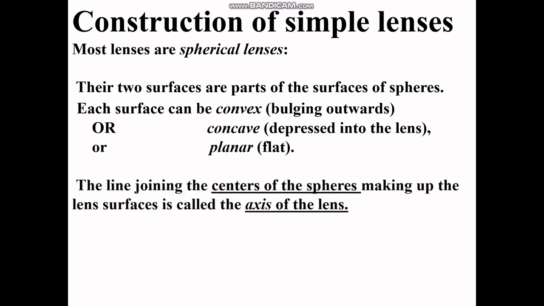The line joining the centers of the spheres making up the lens is called the axis of the lens. Spherical lenses are the lenses formed by bounding two spherical transparent surfaces together. Those transparent surfaces are going to be of a sphere.